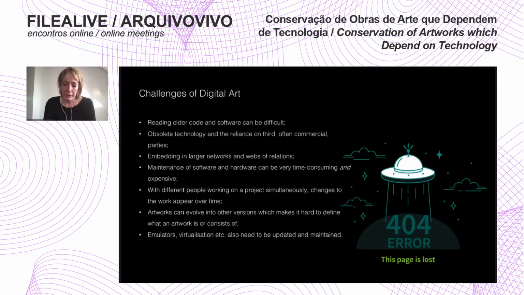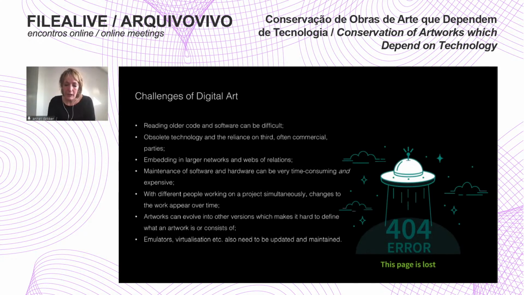As well, with different people working on a project simultaneously and even over time, changes to the work will happen. Moreover, artworks can evolve into other versions, which makes it hard to define what an artwork is or consists of in a digital environment.